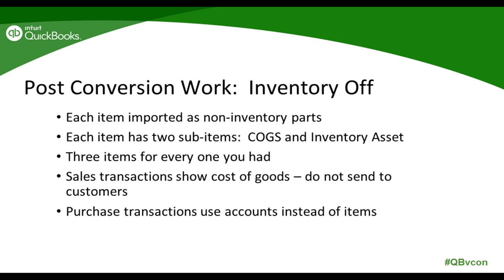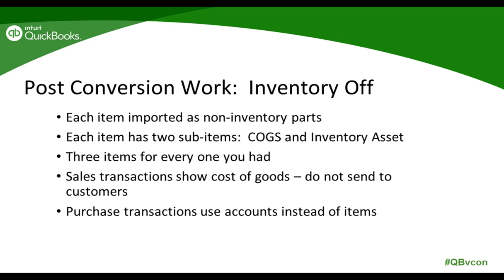If you elect to not turn on inventory, then remember I mentioned that for every product service item that you had in QuickBooks Desktop, you will have 3 in QuickBooks Online. You'll have the regular item plus 2 sub-accounts for cost of goods sold and inventory assets.